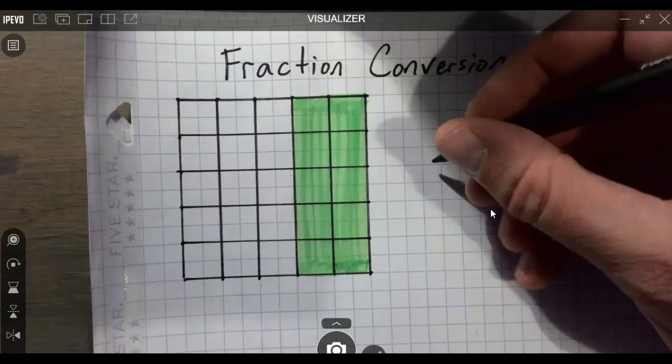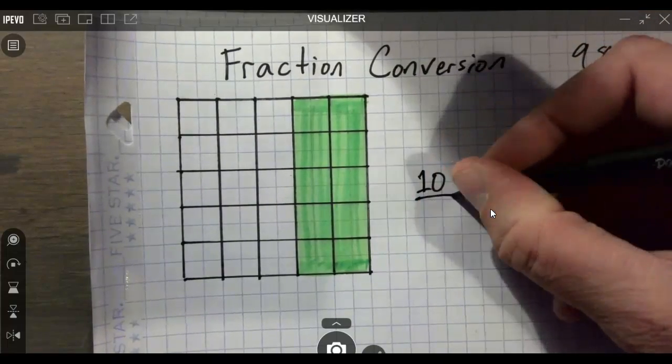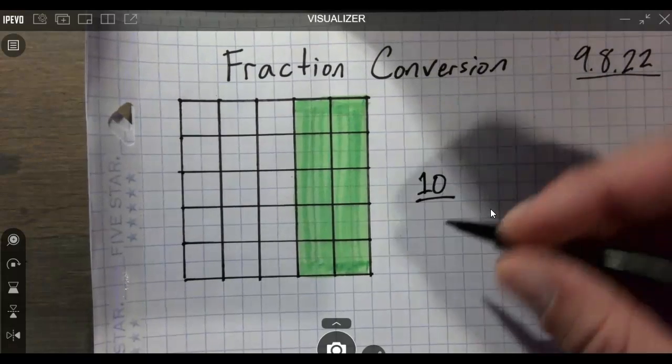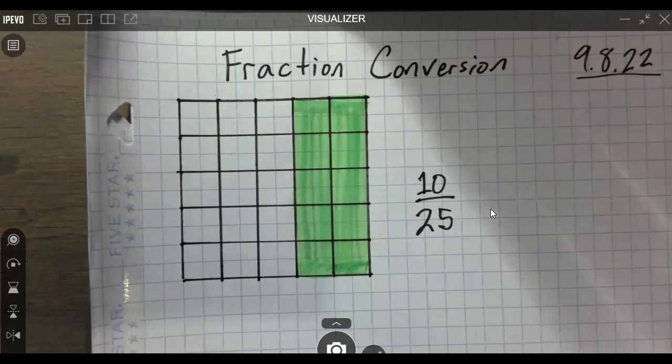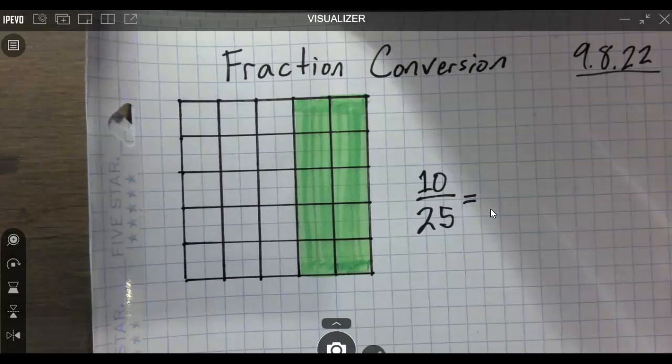Yeah, so if we write this out for what is shaded, we would probably put 10 over, how many total are there here? 25, right? 5 by 5 makes 25. So go ahead on your paper, write 10 over 25. That needs to be on your graph paper. If you choose to draw the square, awesome. If you choose not to, okay.